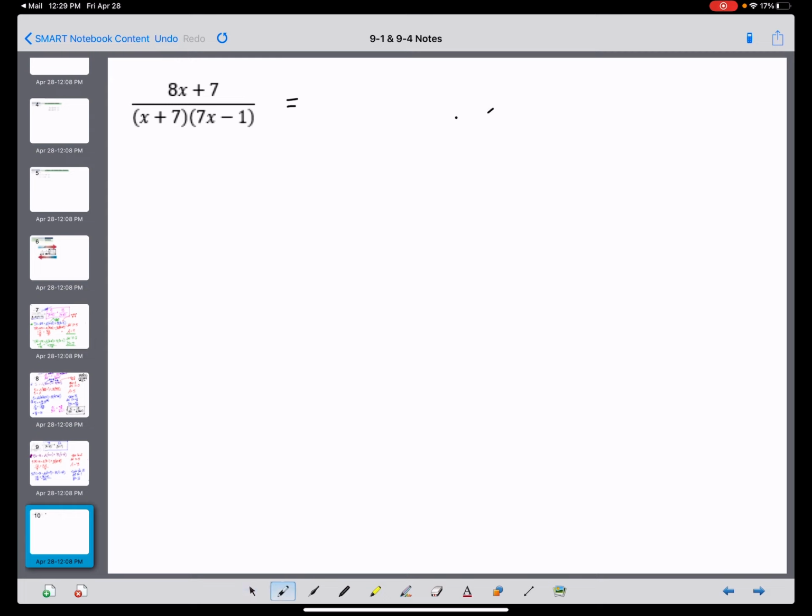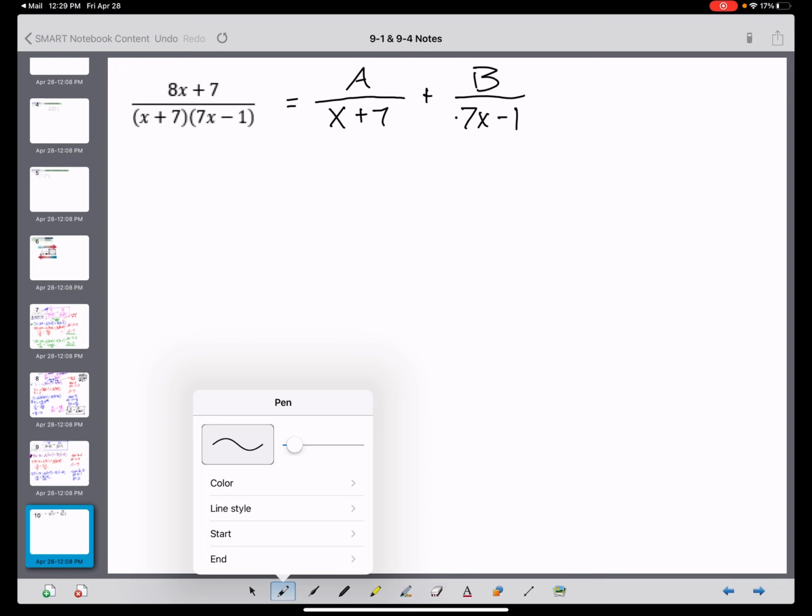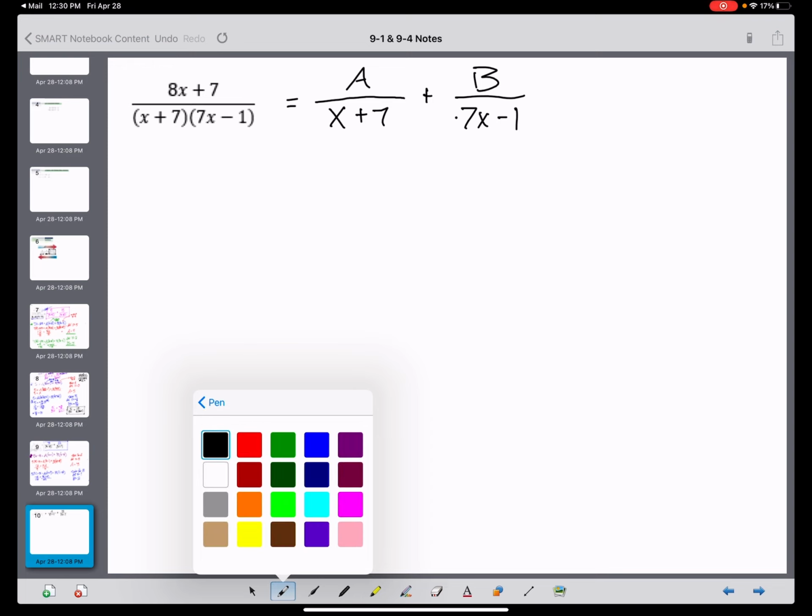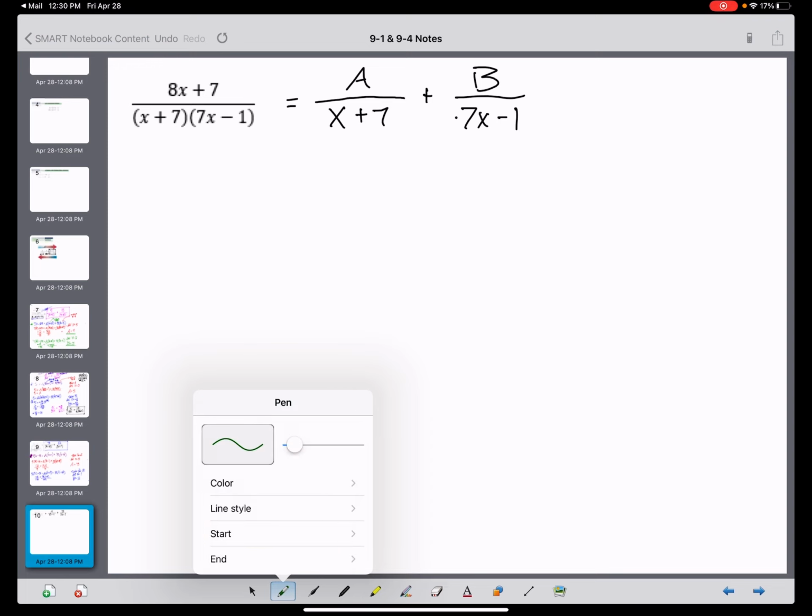All right, so here we go. I know the factors, it's already factored, so I got x plus 7 in the denominator plus 7x minus 1, and I know this is A and this is B. All right, broke it up. Next step, when we rewrite it, I'm going to be multiplying everything by the least common denominator, right?